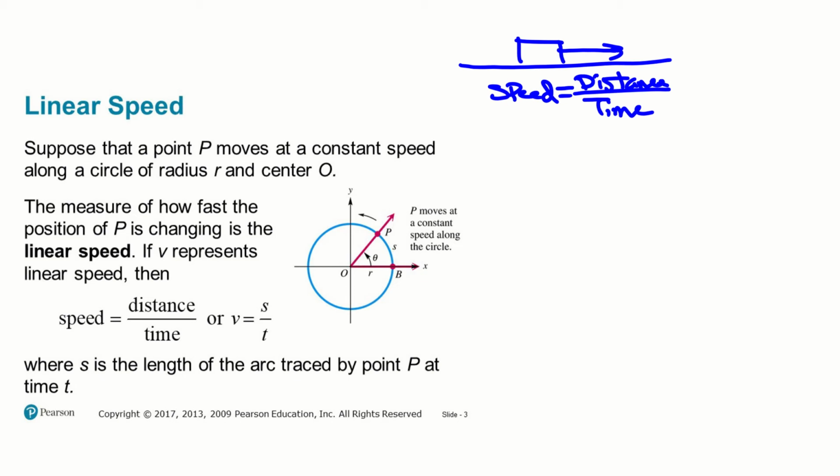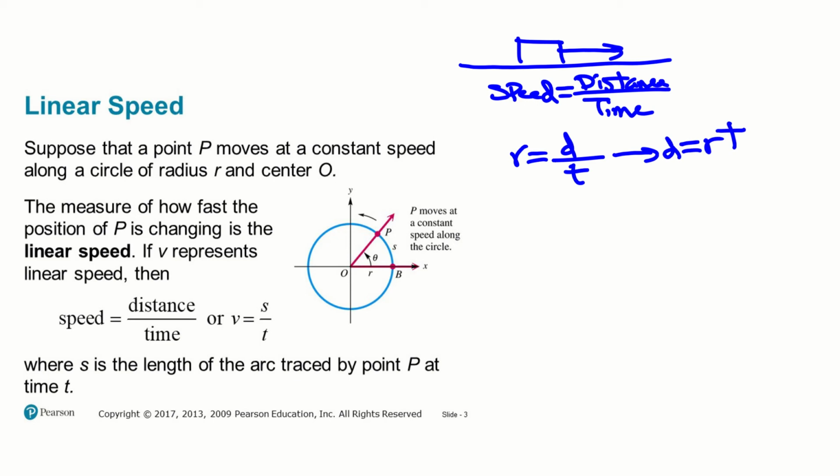So the notation we use is R for rate or speed, D for distance, and T for time. And if we cross multiply and solve, we also get a formula for distance as RT.